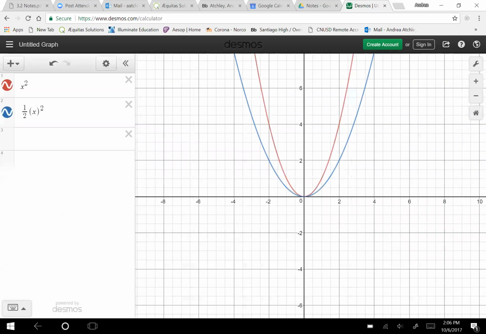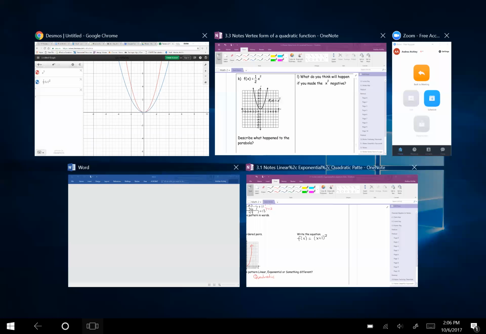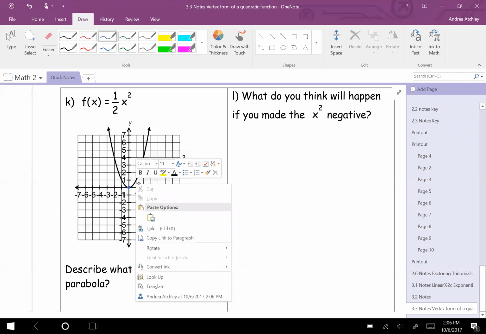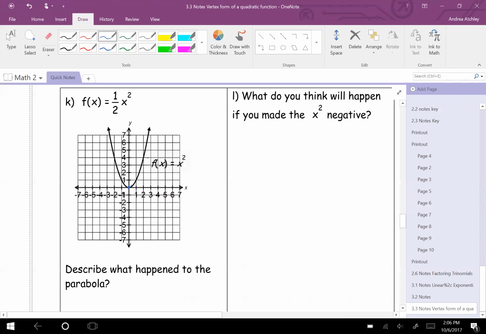It got wider. So again, the vertex is still here. It just goes up slower. So it got fatter.